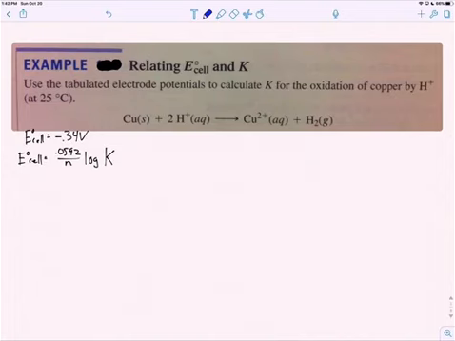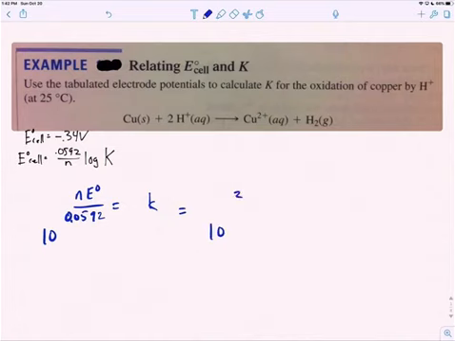That means nE0 over 0.0592 is equal to the log of K. If you take 10 to this power, that gets rid of the log and equals K. So solve for K. n, how many moles of electrons?